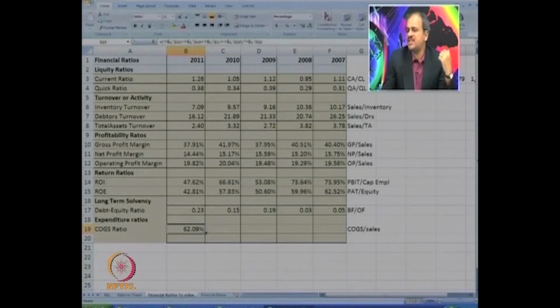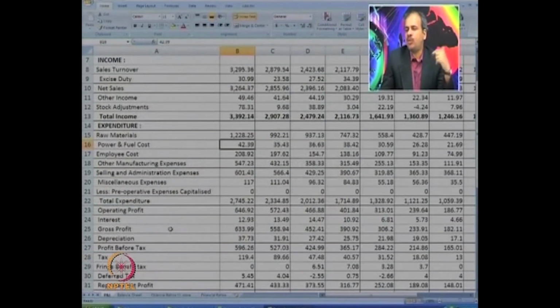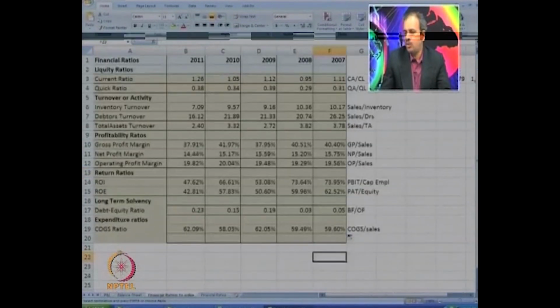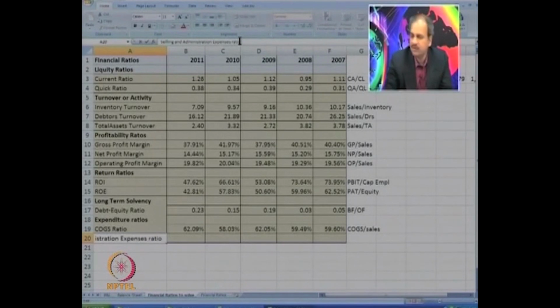So, 0.62, and now it has become that in the current year, earlier it was slightly below 60%. That to an extent explains why the profitability has gone down, because the proportion of expenses has slightly gone up. If you go to the P&L, they have one more important expense known as selling and admin expenses. So, we will also try to see how that is linked. So, we can take the selling and admin expenses ratio.